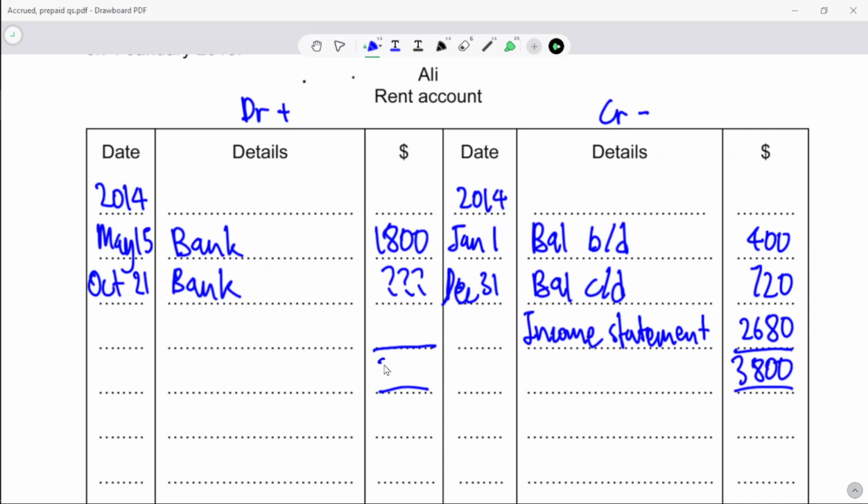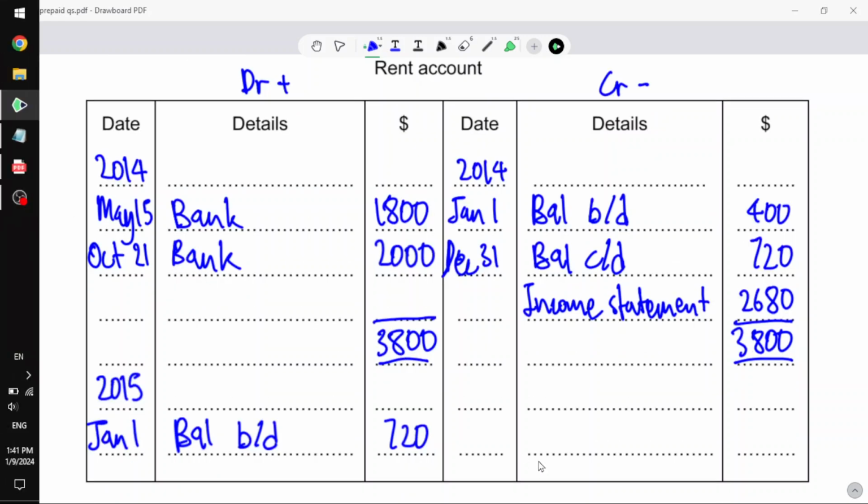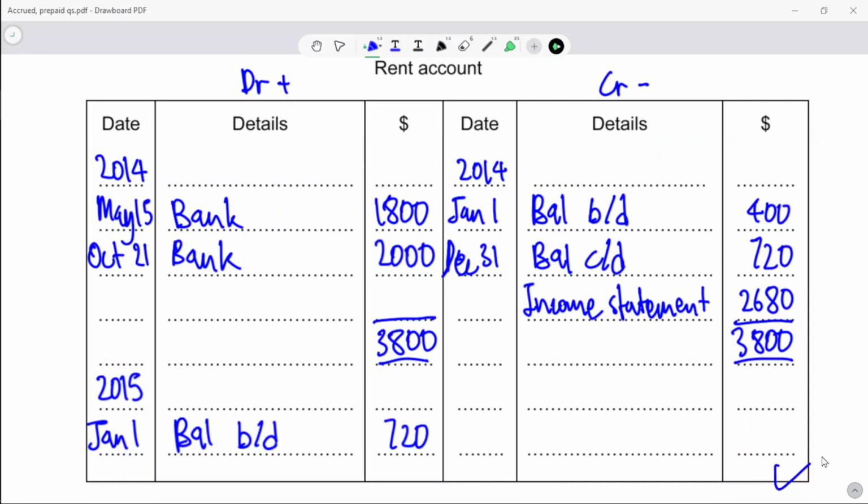This one also 3,800. So the bank will be 2,000. So yeah, bring down the balance 720 to next day. Okay, so the answer is correct. Now let's go to next question.